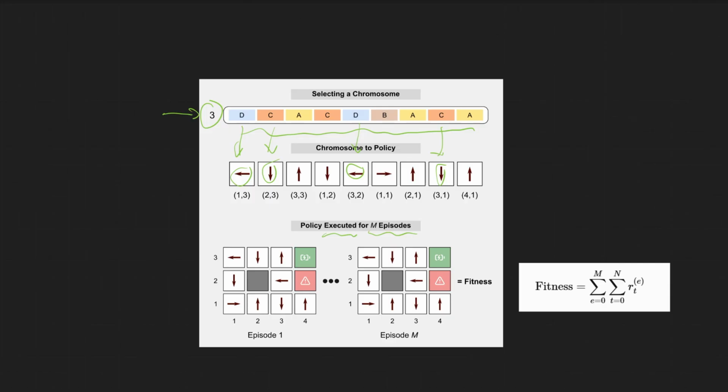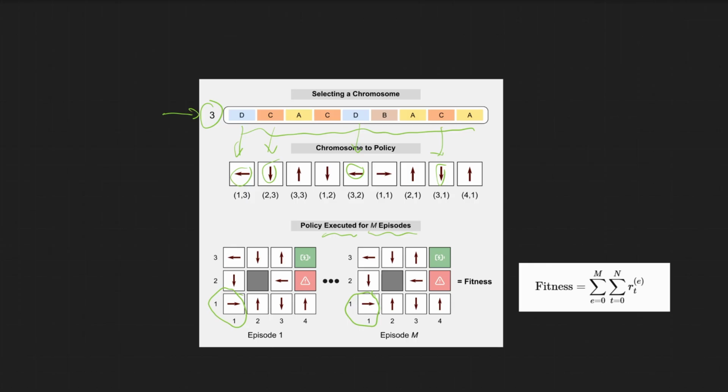So why we need to execute this policy for M times, for M episodes? It's because, once again, we have a stochastic transition model. So it's true that the actions that we have in our lookup table are always the same, right? But even if the actions stay the same, this stochastic transition model will change this action with the probability that we have described above, right?